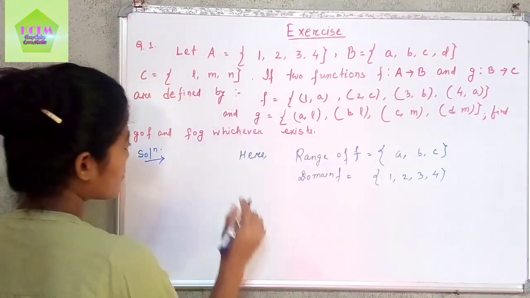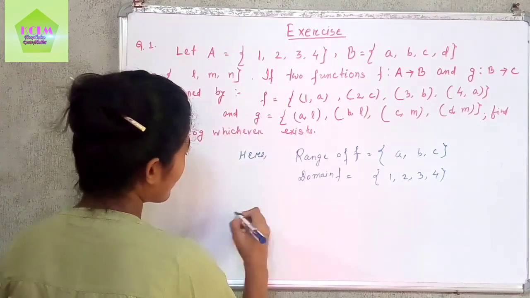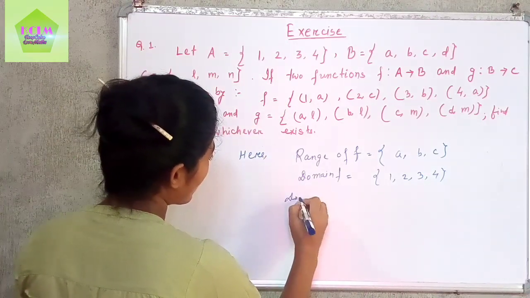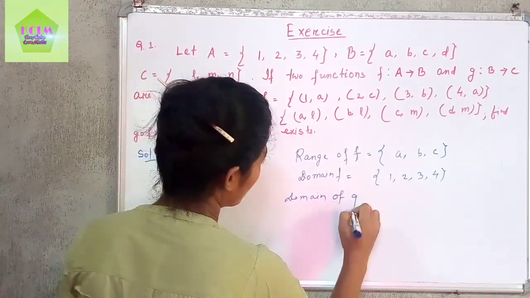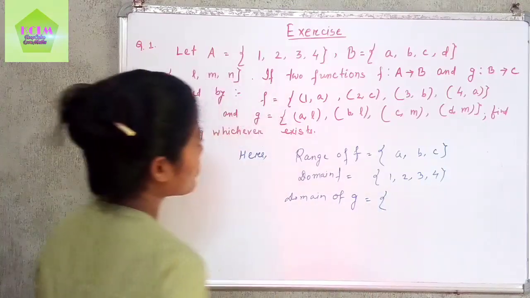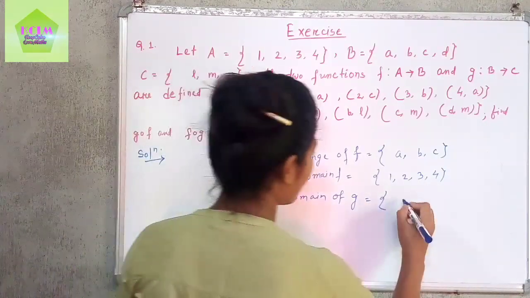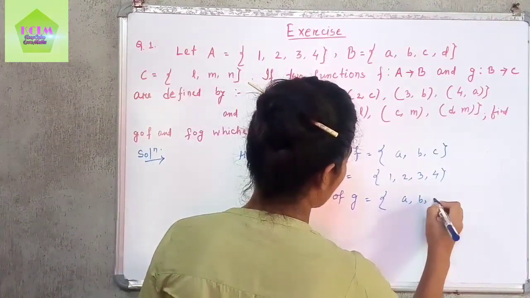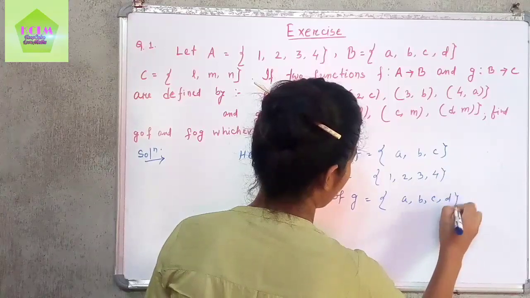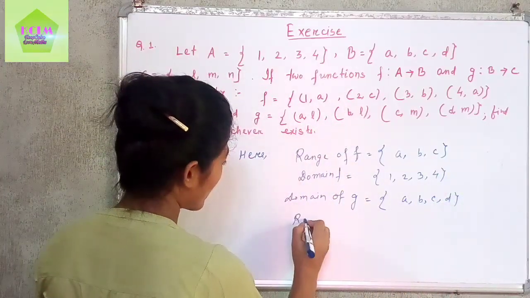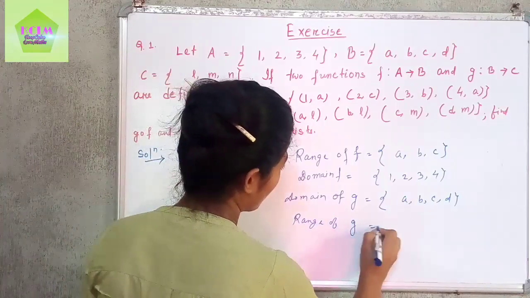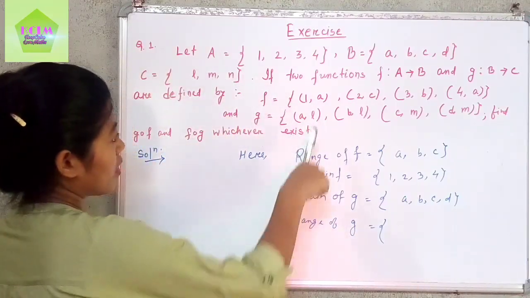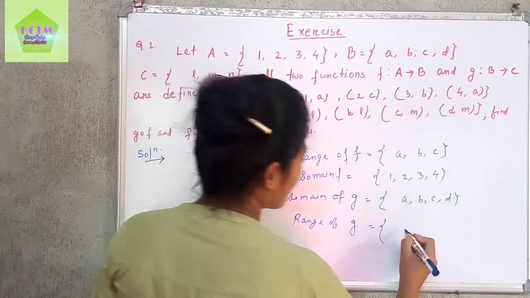Similarly, if we look at g, then we get the domain of g as {a, b, c, d}, and the range of g as {l, l, m, m}, that means {l, m}.